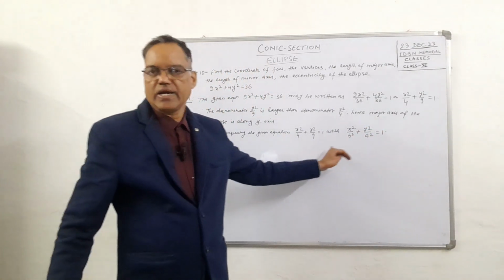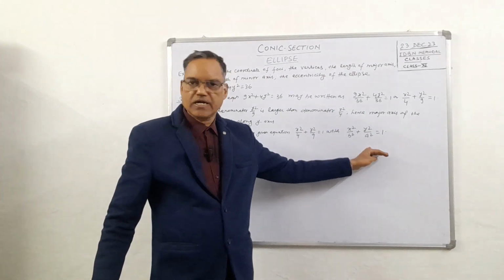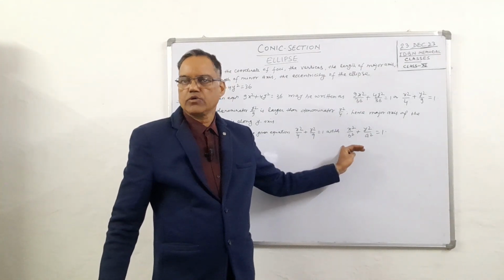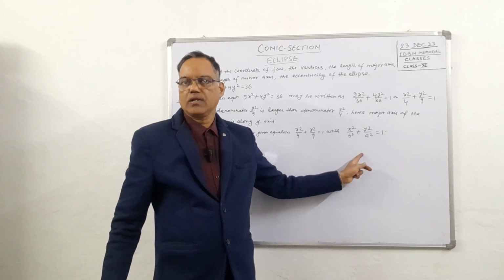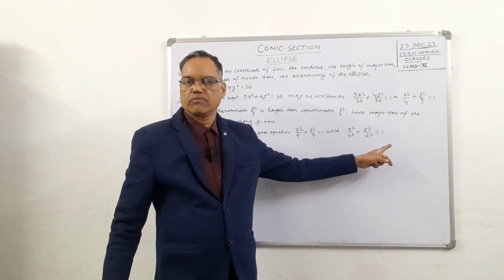Well, because जब ये y axis के along axis होता है major axis, then equation of ellipse is x square by b square plus y square by a square equal to 1.